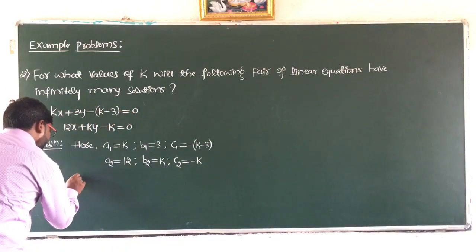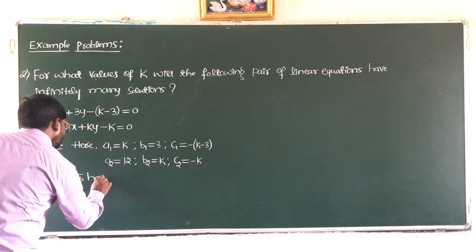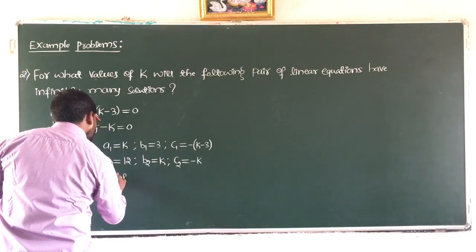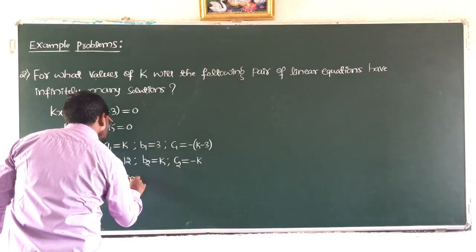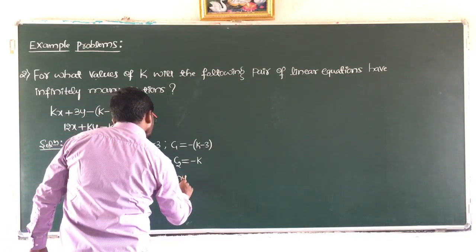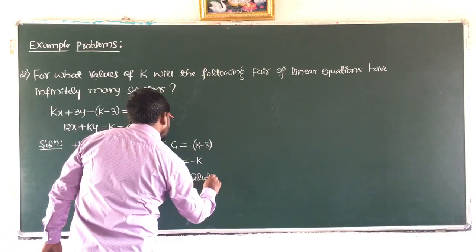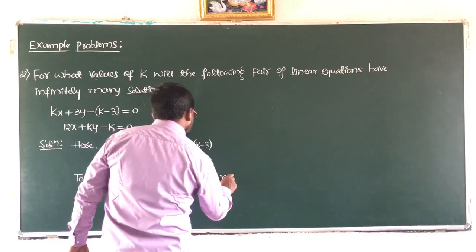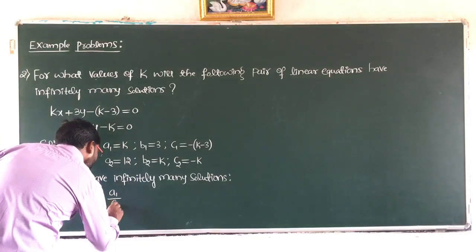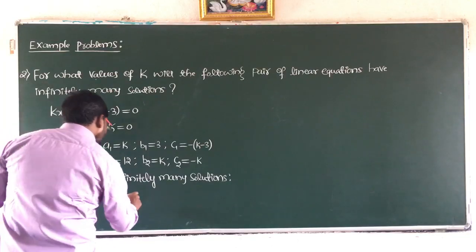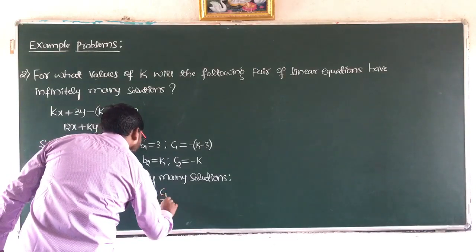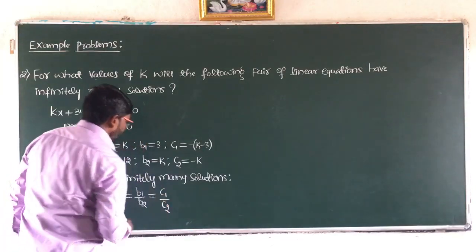So now to have infinitely many solutions, the condition is a1 by a2 equal to b1 by b2 equal to c1 by c2. So all the 3 ratios are equal.